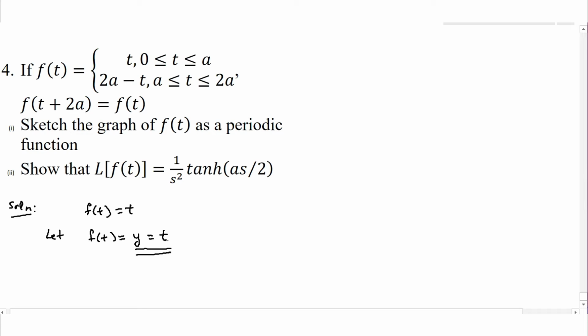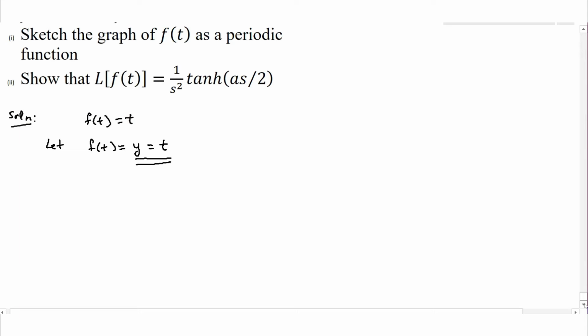What does y is equal to t represent? It actually represents a straight line, just as y is equal to x represents a straight line passing through the origin, making an angle of 45 degrees with the x-axis. Instead of the x-axis, in this case you are having the t-axis.